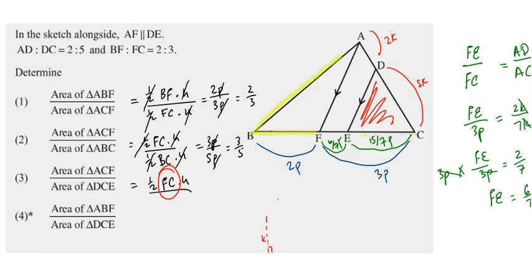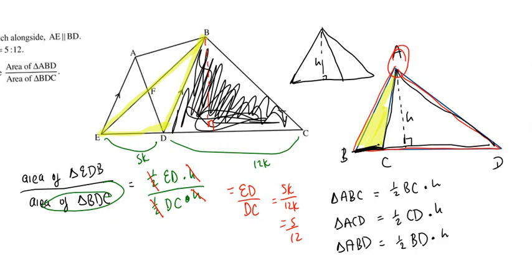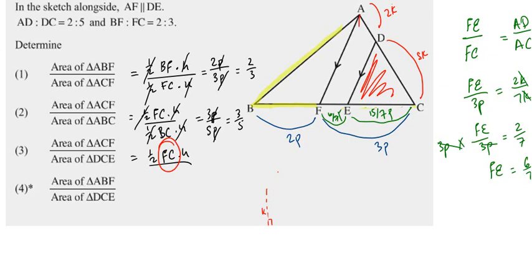The line must start from the top, from the apex, and then go down to the base. Then we can work with those triangles and use the area formula, half base times height. But this line here is not starting here, so we have a whole different thing. We have something that is like this.